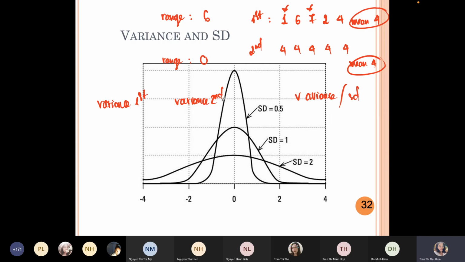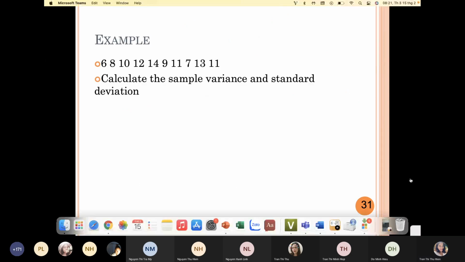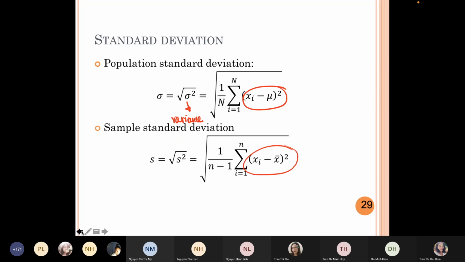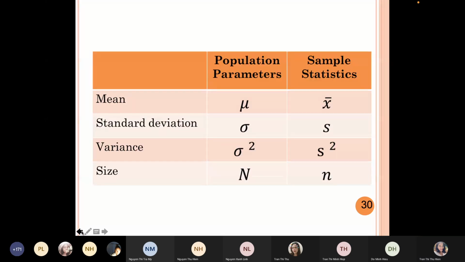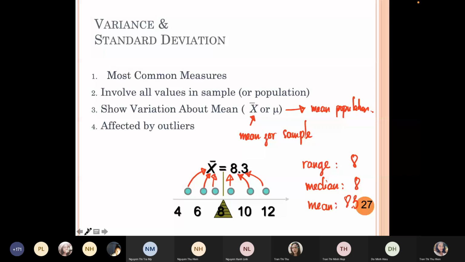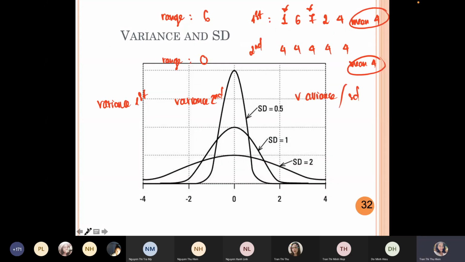Remember that variance measures the difference between each observation and the mean. So which variance is greater?